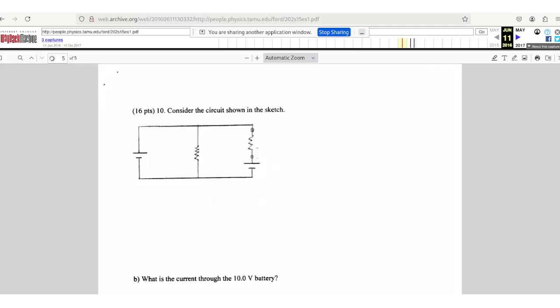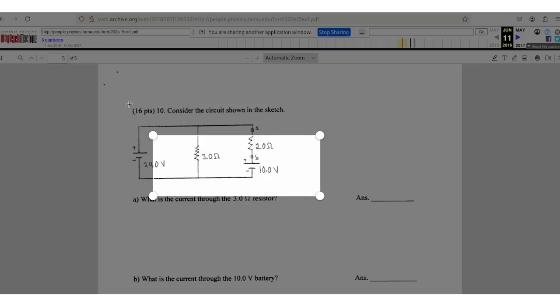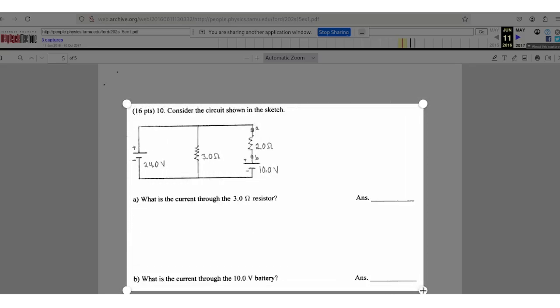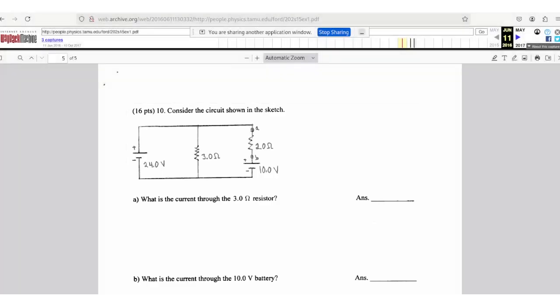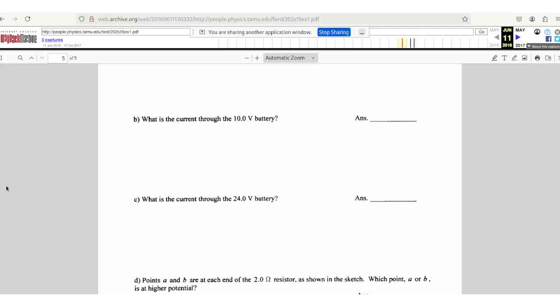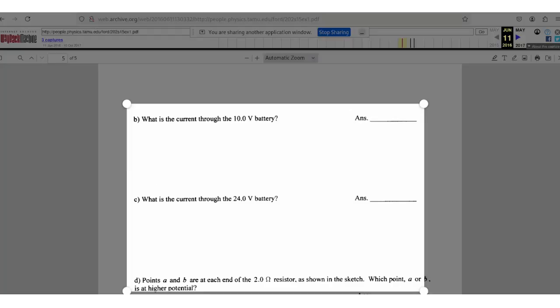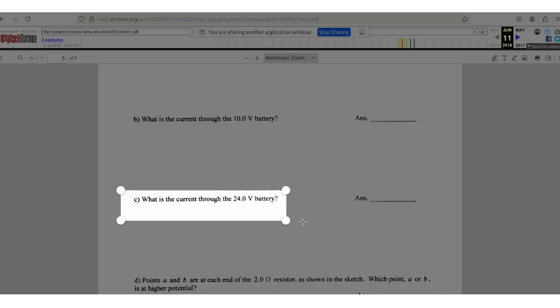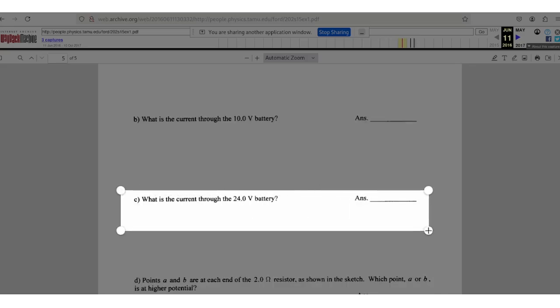Put that over there. Drop it down. I'm going to grab C, but not D. Yeah, we'll grab that one.